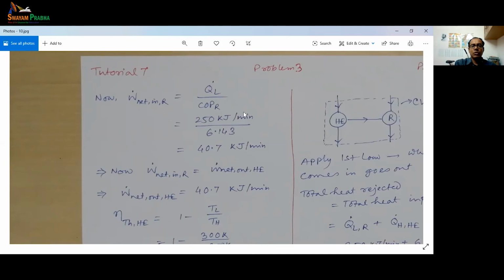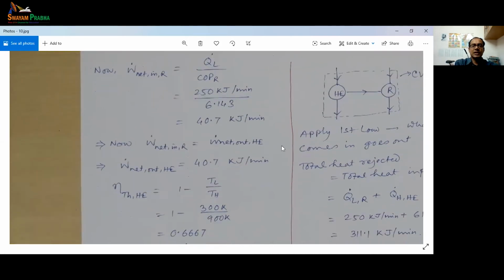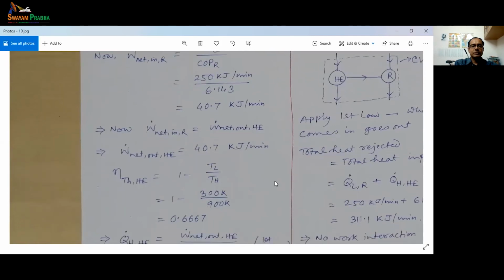We find the work input is 40.7 kilojoule per minute. We did not change the unit to kilowatt or anything. We just kept the same kilojoule per minute for the time being.